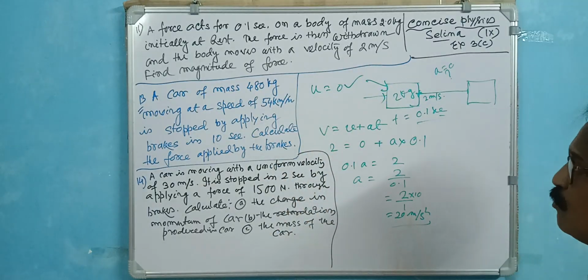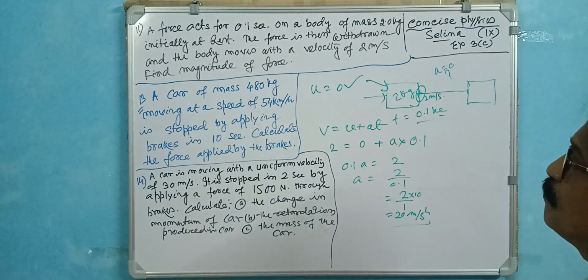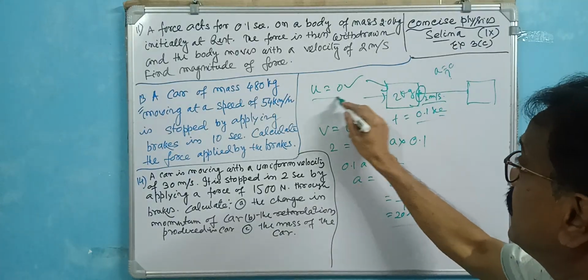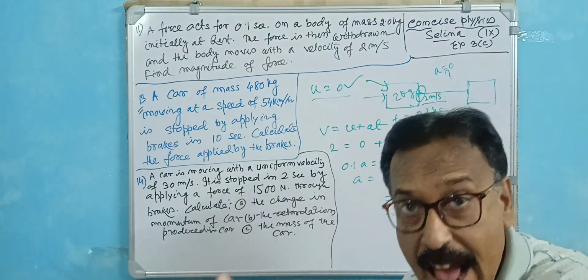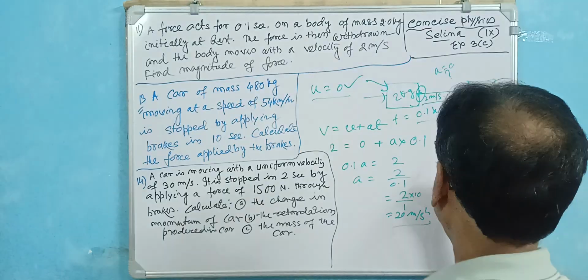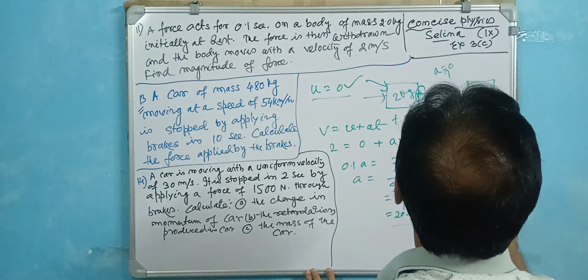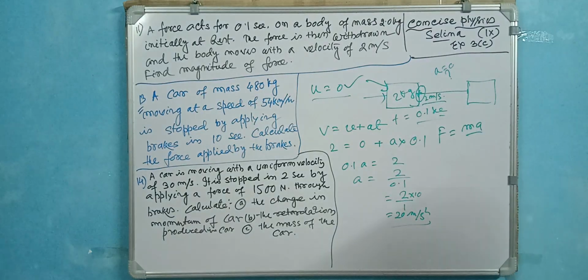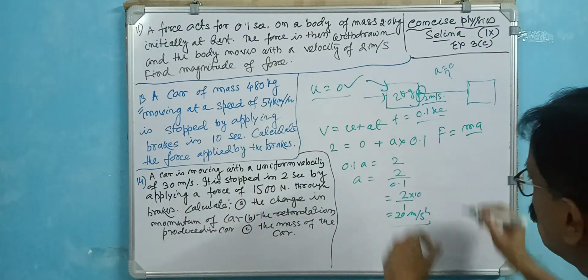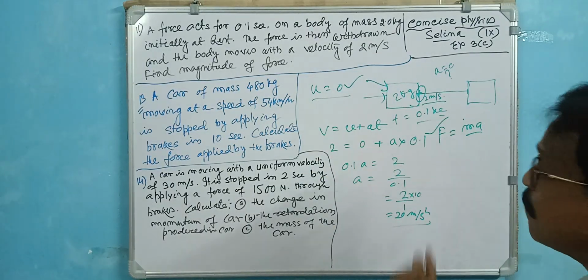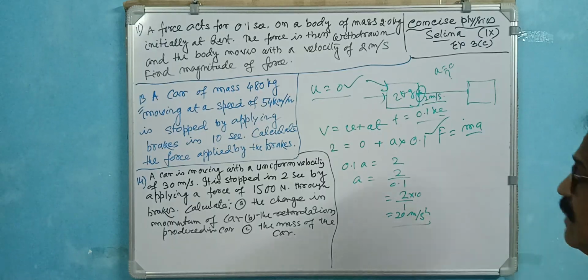That means if you apply a force, a velocity is developed, 2 meter per second, initially at rest. So what is the acceleration developed? If you calculate the acceleration, F is equal to ma, you know. To find the magnitude of force, you know the mass and you calculate the acceleration from here.